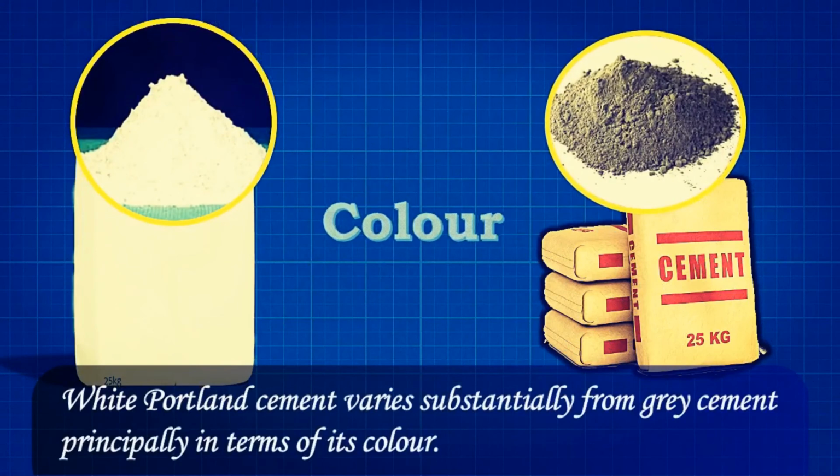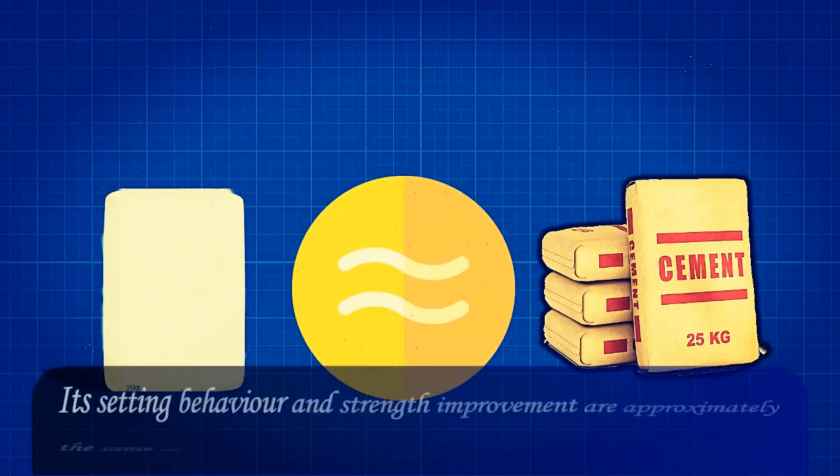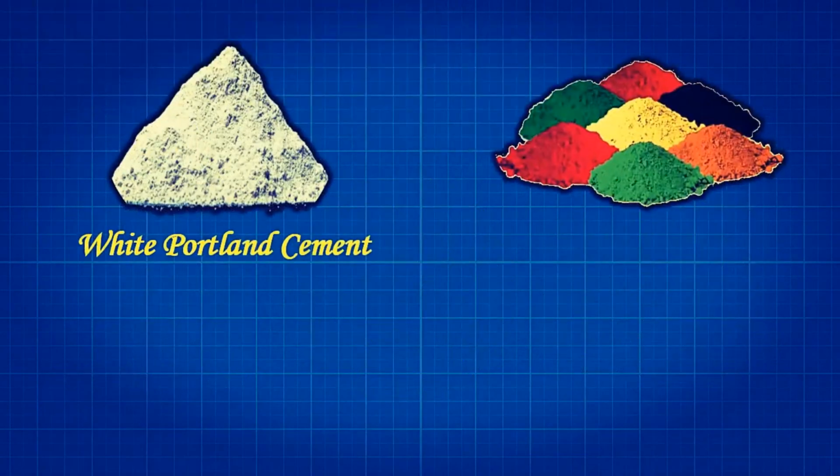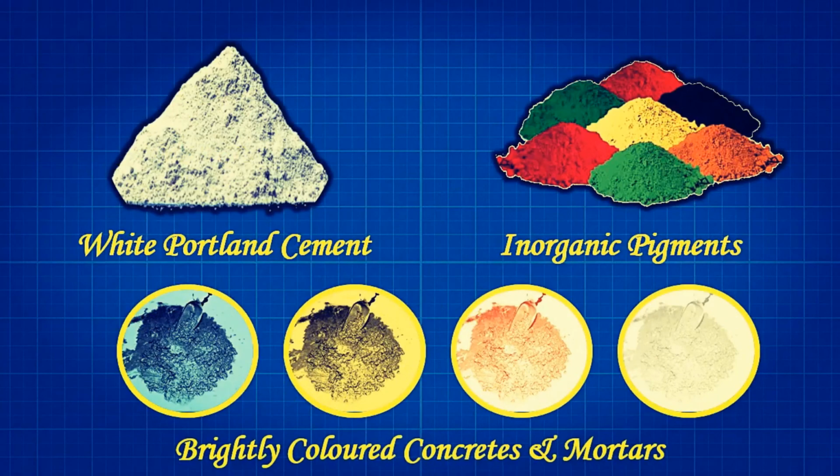White Portland cement varies substantially from grey cement principally in terms of its color. Its setting behavior and strength improvement are approximately the same as that of grey cement. White Portland cement is also used in combination with inorganic pigments, can be used to produce brightly colored concretes and mortars.